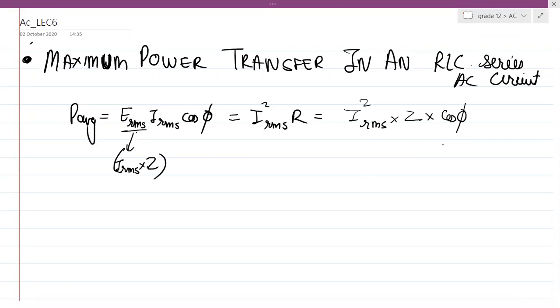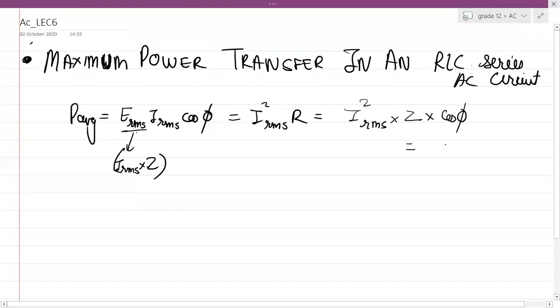So this is also one of the formulas. You can rearrange according to whatever the variables are. Similarly, one more you can write: E square RMS divided by Z into cos phi. So you can manipulate this formula. These are the main formulas, and you can have these substituted formulas as well.